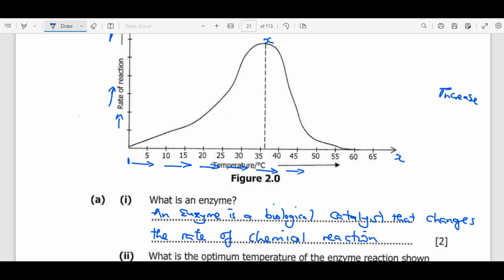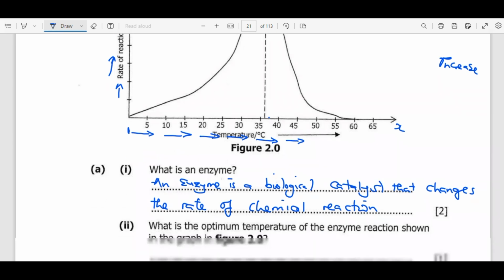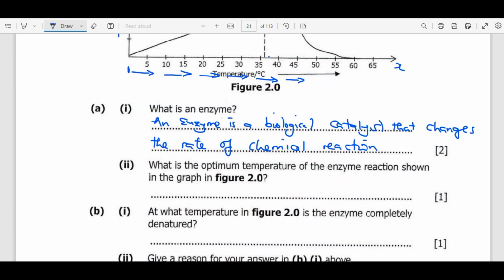Because here it is 35, meaning that somewhere when you count, maybe this is 36 or 37, but this can be 36. So we can say 36 or 37, or it can be marked. So this is 36 degrees Celsius.